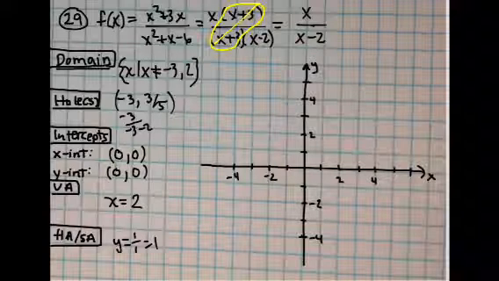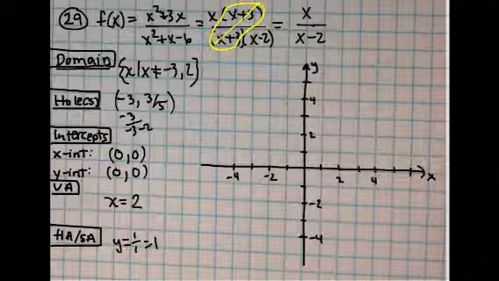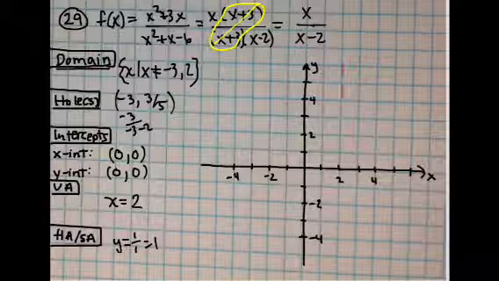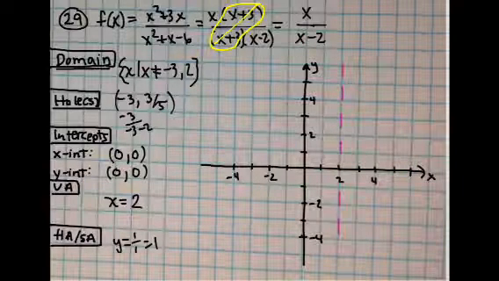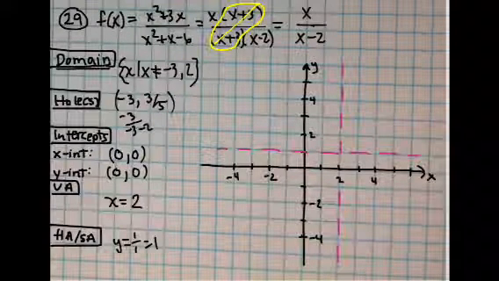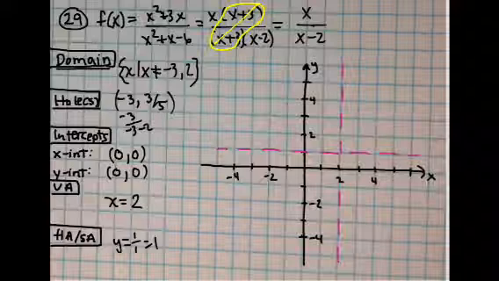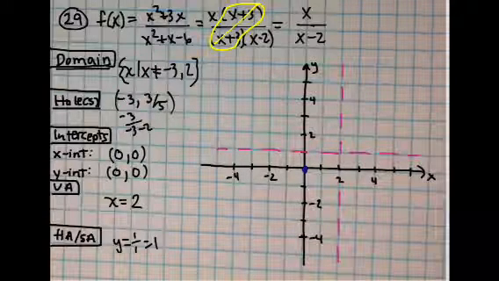Alright, so I'm going to go ahead and draw the asymptotes first. There's x equals 2, y equals 1, and after that we draw, change of color. We draw the intercepts, so there's only one intercept, 0, 0 right here.